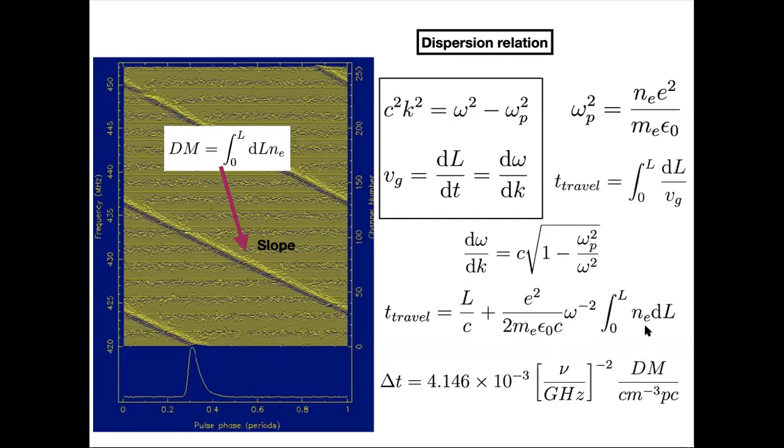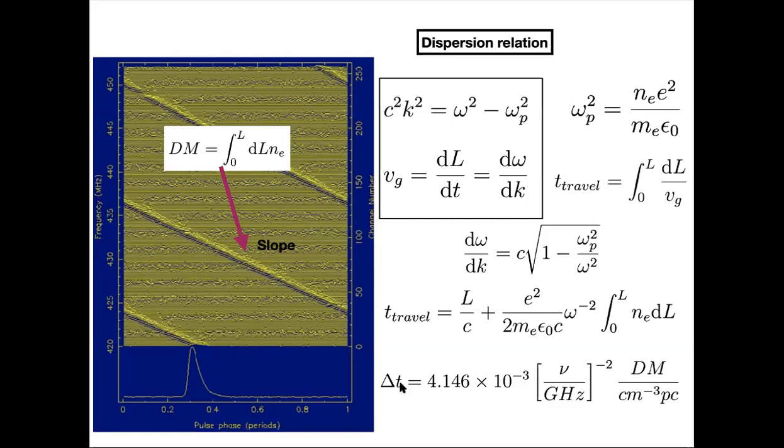It's a number density, measured in 1 per centimeter cube, and then the integration is over the line of sight distance, which is measured in parsec. So DM, which is this quantity, is measured in centimeter cube parsec. Now, once I get this, I can calculate dt from my data.